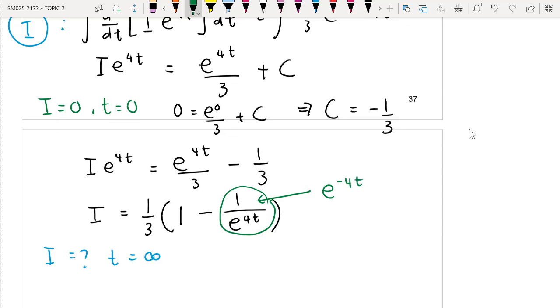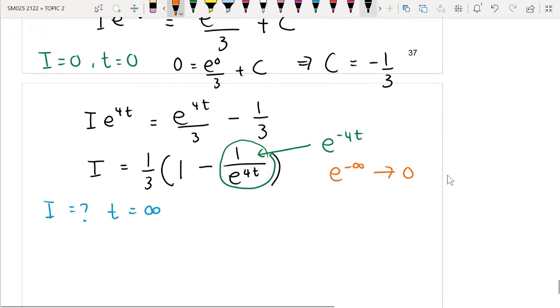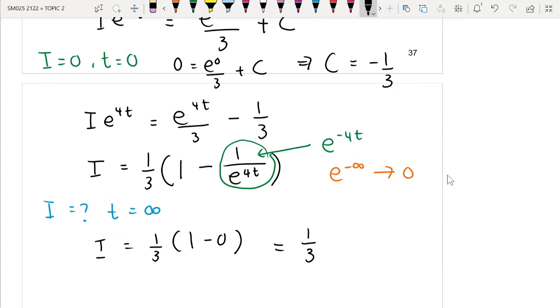And we know e to the power of negative infinity, I rewrite here, actually goes to 0. So what happened to the current? It means that for the current part, we would have 1 minus 0. So our current would remain at 1 over 3 as time goes to infinity. So that's all for application of differential equation.